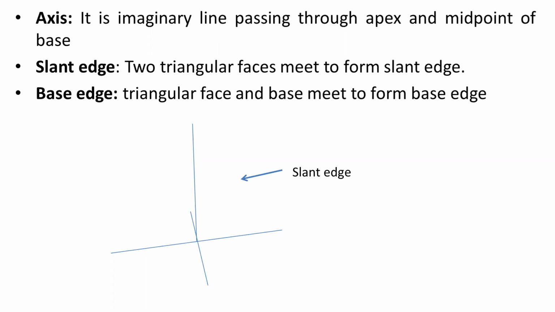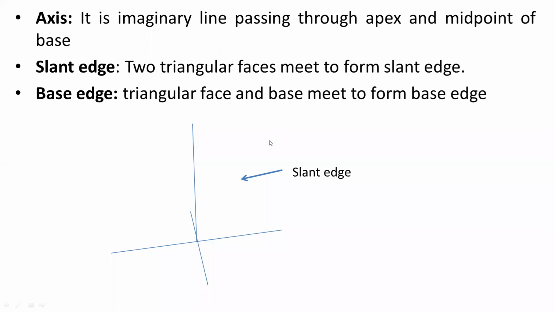Slant edge means it is an inclined edge with respect to the HP or with respect to the vertical plane. Okay. Then the base edge: the triangular face and the base meet to form the base edge. So it is a common line between the triangular face and the base of that pyramid. Okay, that is called a base edge.